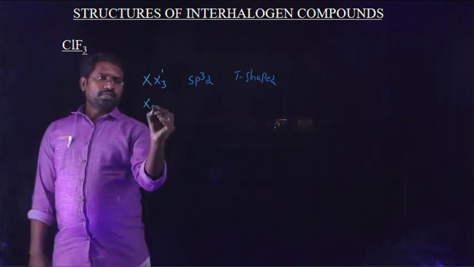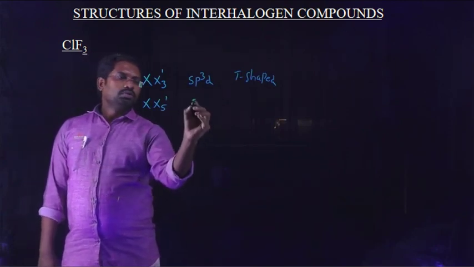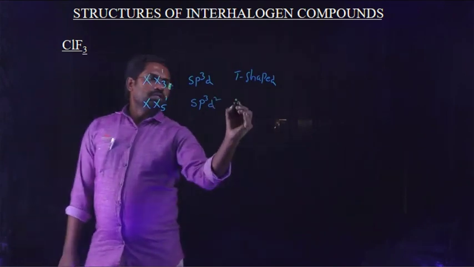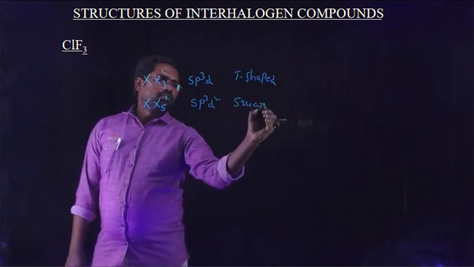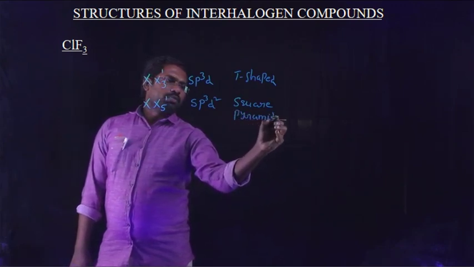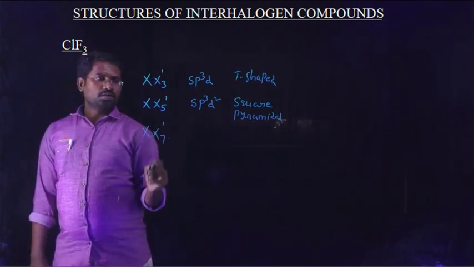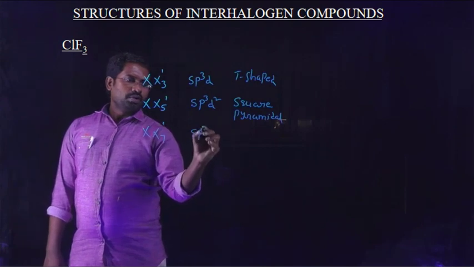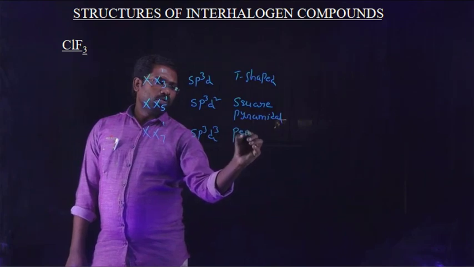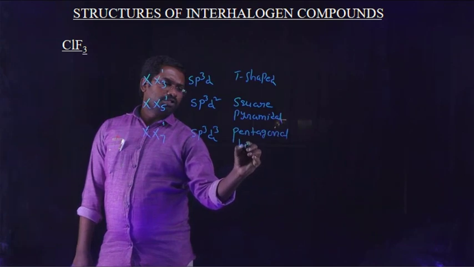In case of XX5 type, the hybridization is sp3d2 and the shape is square pyramidal. In case of XX7 type, they have sp3d3 hybridization and pentagonal bipyramidal shape.